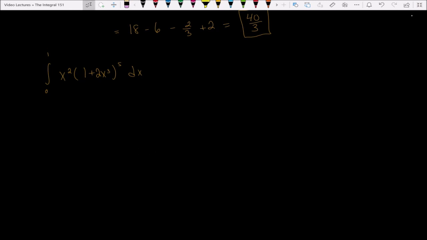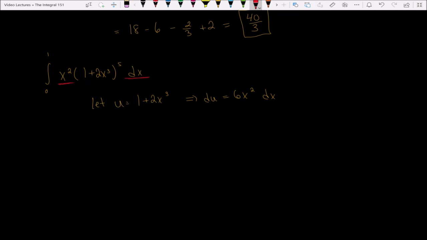So what I'm going to do is say, well, let u be 1 plus 2x cubed. Then this would mean that du is 6x squared dx. Now if we look, we have a dx here, we have an x squared there.